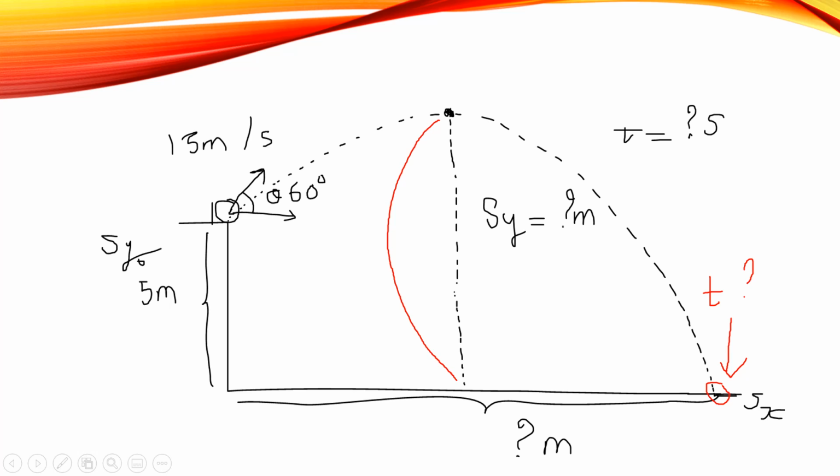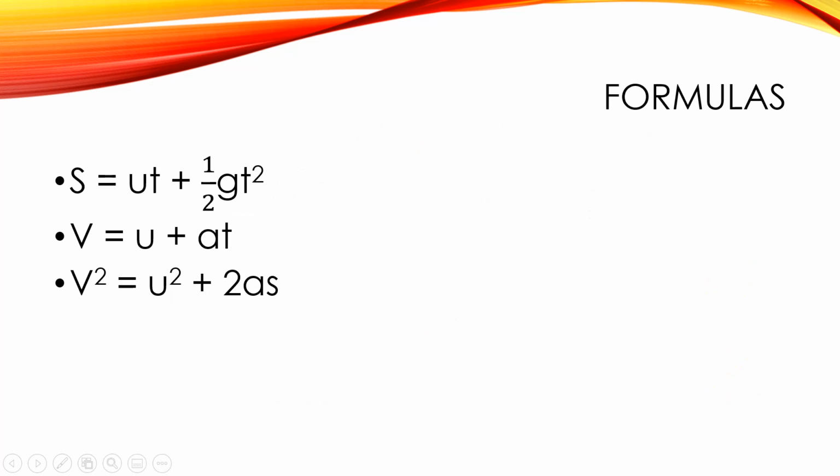Okay, so there are three formulas that you can use to solve this problem. First one, s equals ut plus half gt squared; v equals u plus at; v squared equals u squared plus 2as.